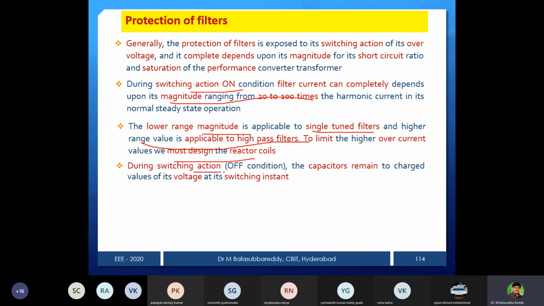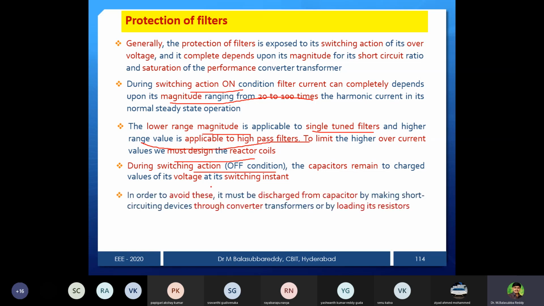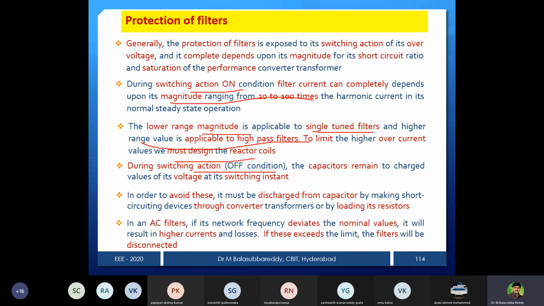And during the switching action, that is the off condition, the capacitor remains charged at the voltage of the switching instant. In order to avoid this, the capacitor must be discharged by short circuit devices through converter transformers, or maybe the loading resistors will dissipate it.